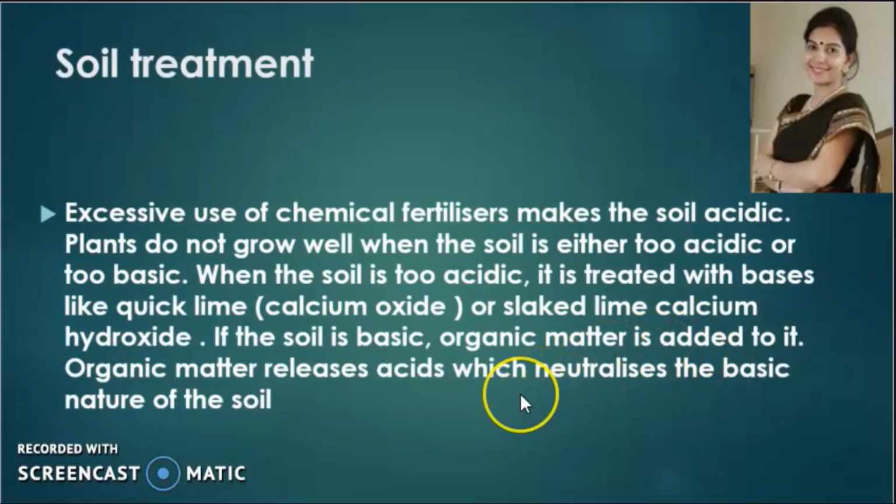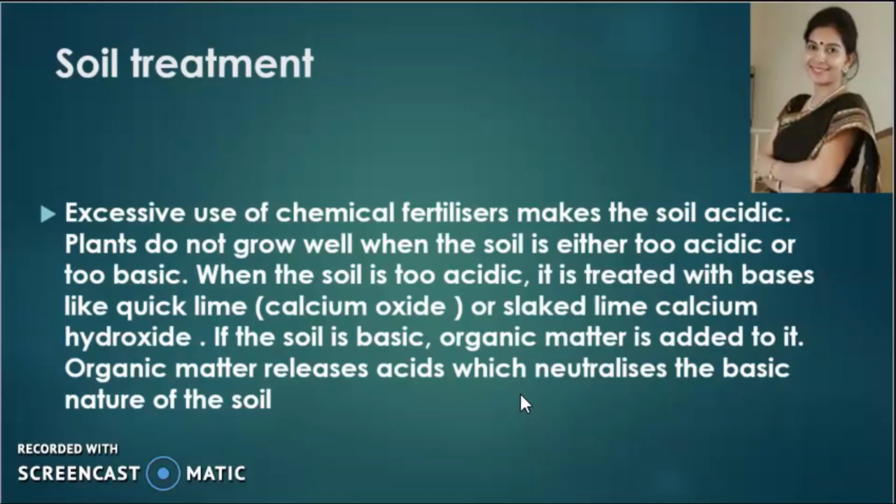Now, the third example is soil treatment. Because of excessive use of chemical fertilizers, what happens? Our soil becomes too acidic or too basic, and this nature of soil is harmful for the growth of plants.